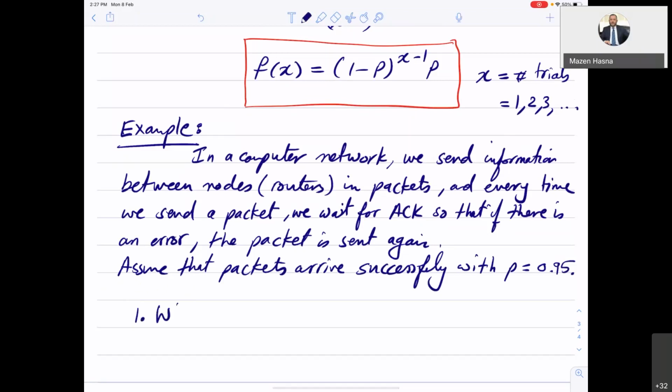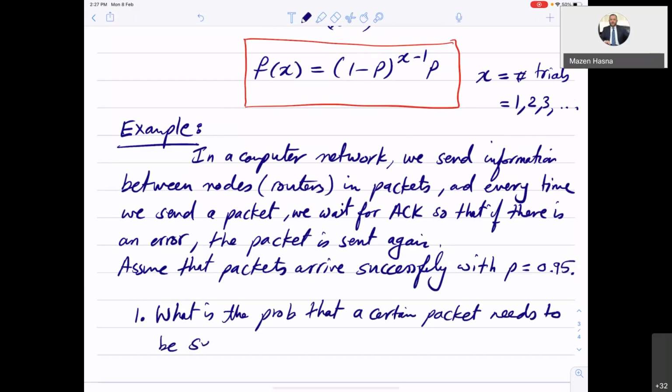What is the probability that a certain packet needs to be sent 5 times for it to be received successfully?